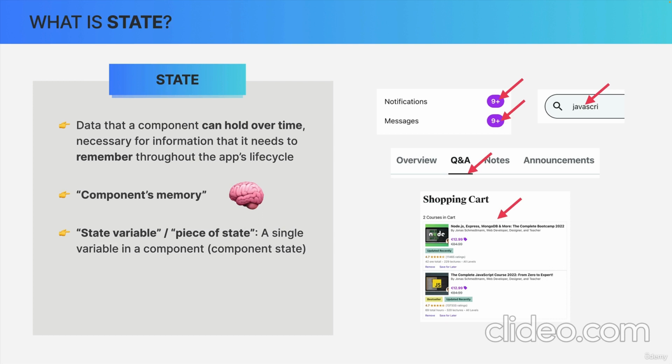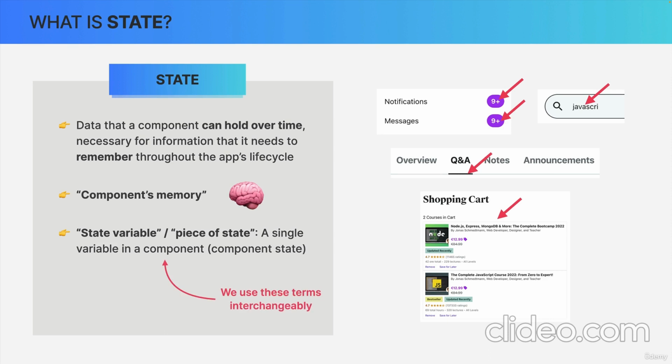So basically, the general term state is all the pieces of state together. And if this sounds confusing, don't worry. These are just some minor differences in terminology. In practice, we usually use the terms state, piece of state, and state variable quite interchangeably.